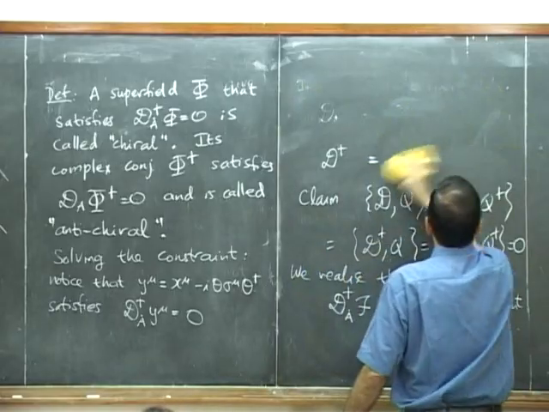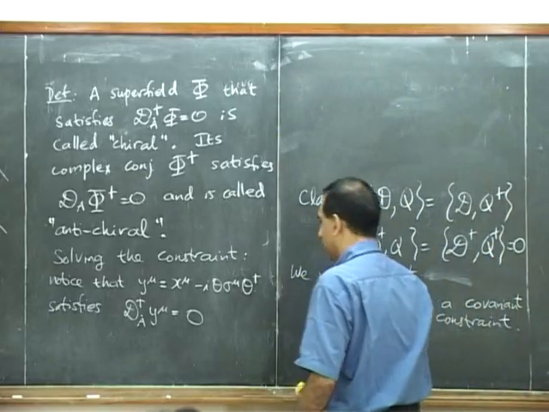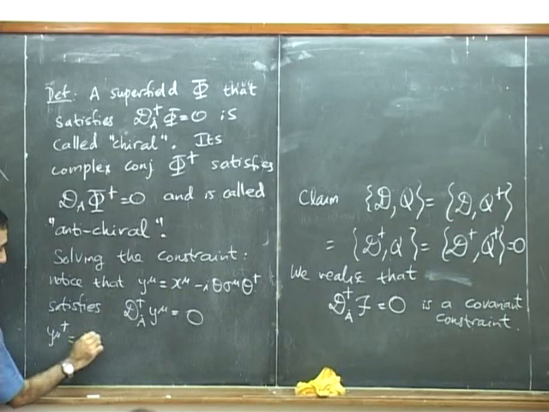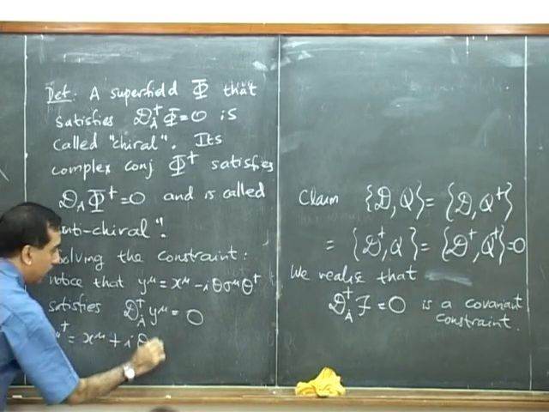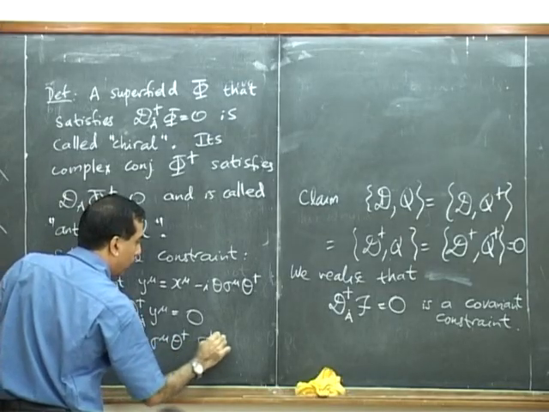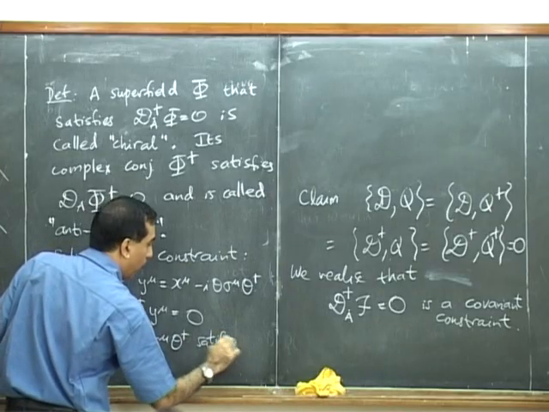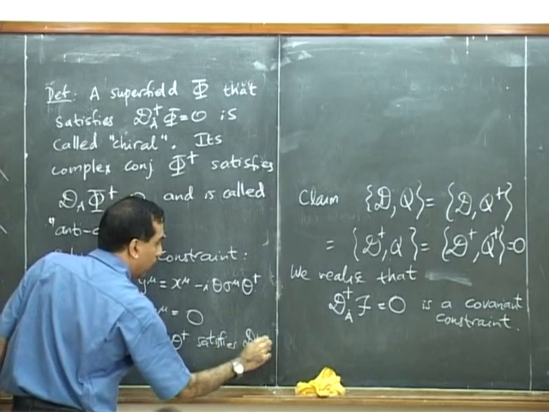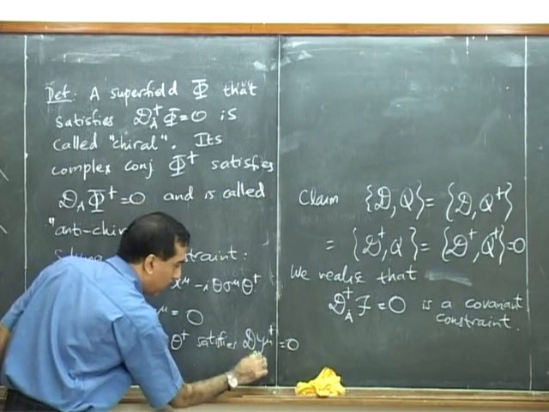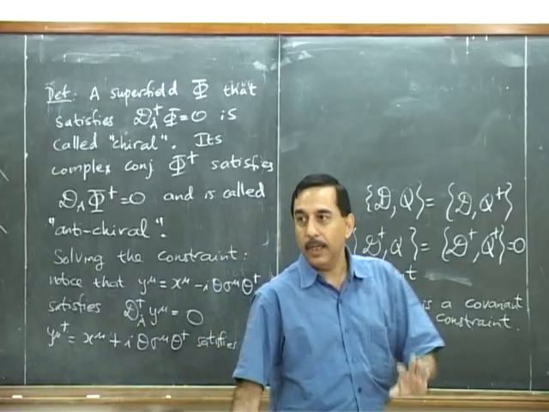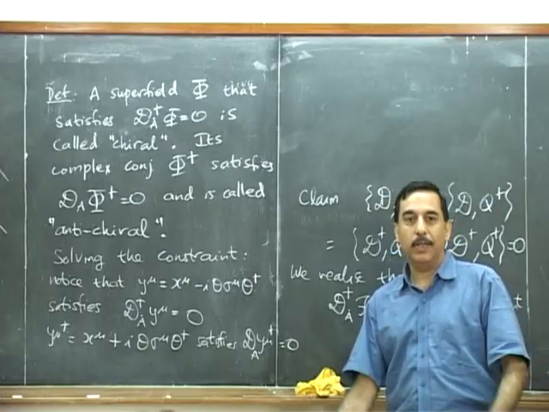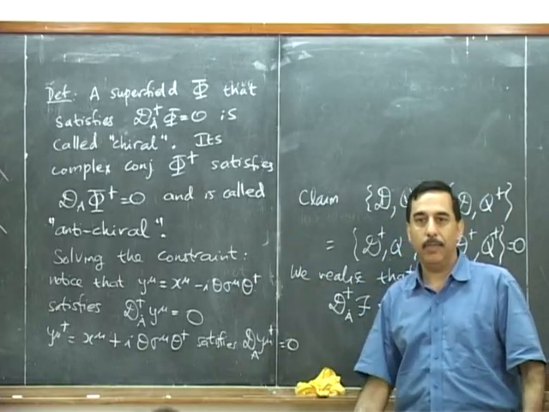And there's a complex conjugate statement, which is that y mu dagger, which is defined to be x mu plus I theta sigma mu theta dagger, satisfies D on y mu dagger equals 0. This is the complex conjugate statement. I hope you are beginning to get the feeling now, which will last throughout this course, that in supersymmetry everybody is naturally complex because the thetas are naturally complex.